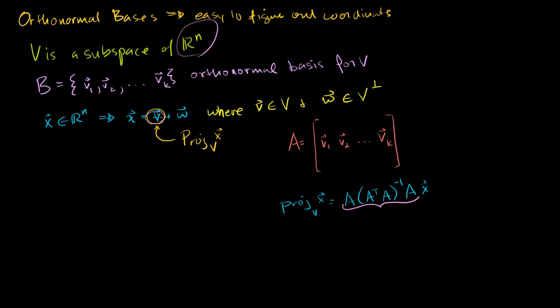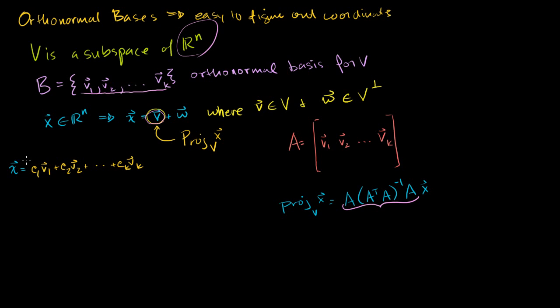This vector v, this is a member of our subspace, which means it can be represented as a linear combination of my basis vectors. So instead of v, I can write C1 times V1 plus C2 times V2 all the way to plus Ck times Vk.